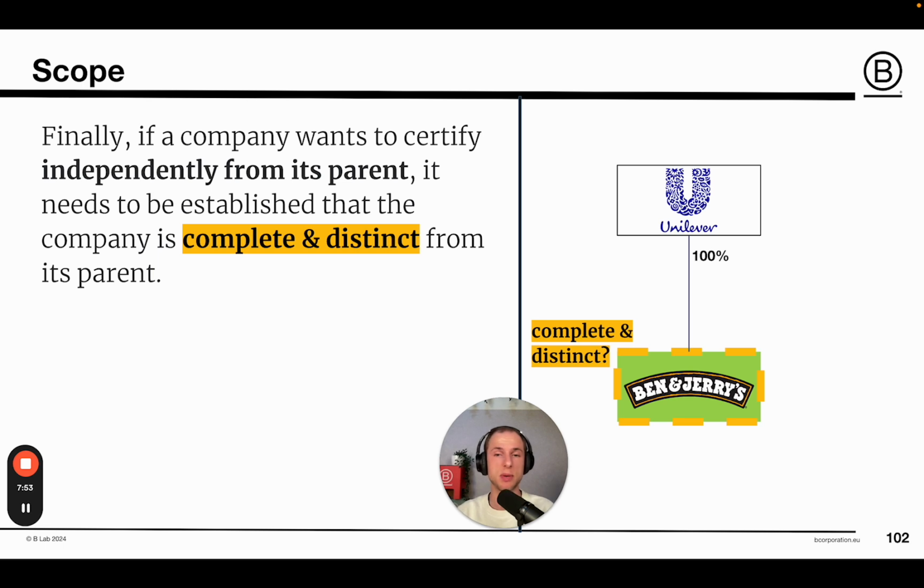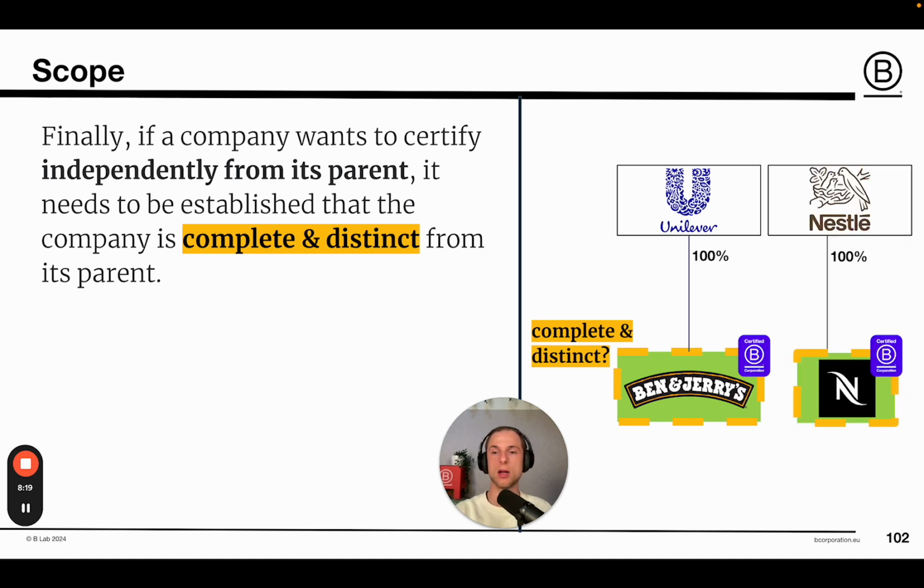But it has been deemed by B-Lab's responsible teams that Ben & Jerry's is sufficiently complete and distinct from their parent because they have independent management teams, independent financial reporting. Unilever doesn't have that much power over Ben & Jerry's at all, actually. So that's why Ben & Jerry's can be a B Corp separately from Unilever.